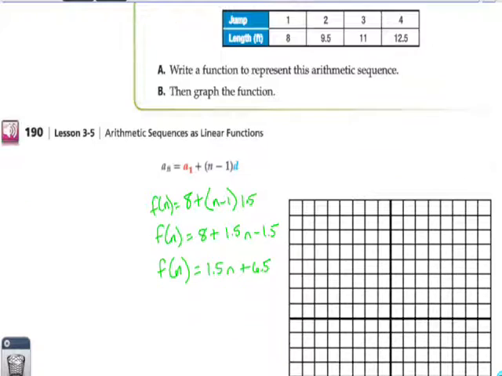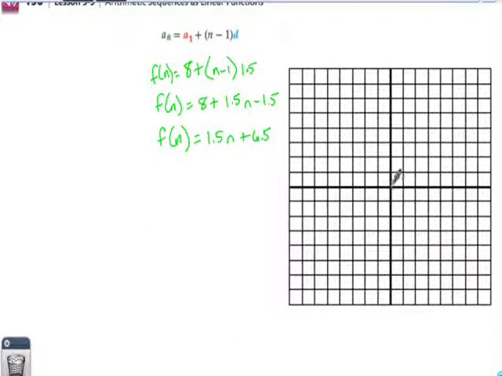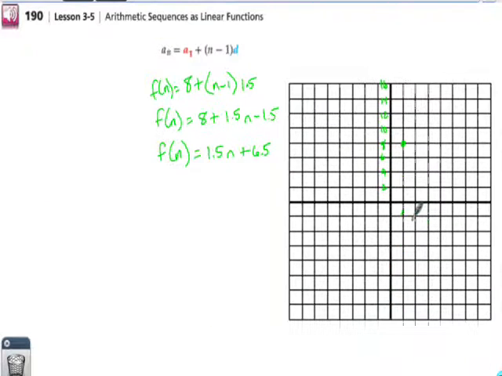His first jump was 8. Let's say each one of these is worth 2, so 2, 4, 6, 8, 10, 12, 14, 16. And we'll count by ones across. His first jump went 8, so to right there. His second jump, 9.5, so we'll say that's right here.